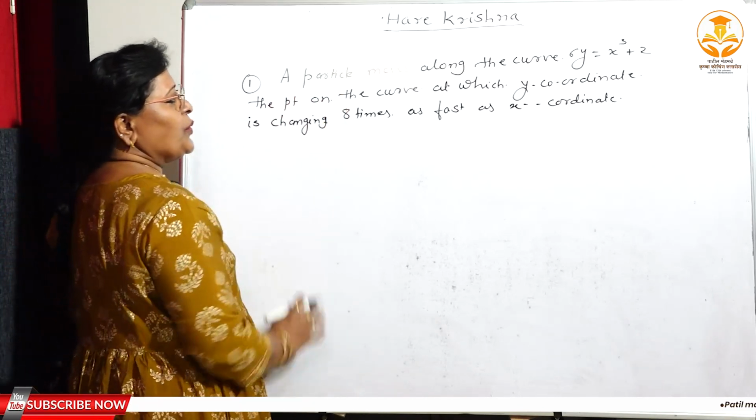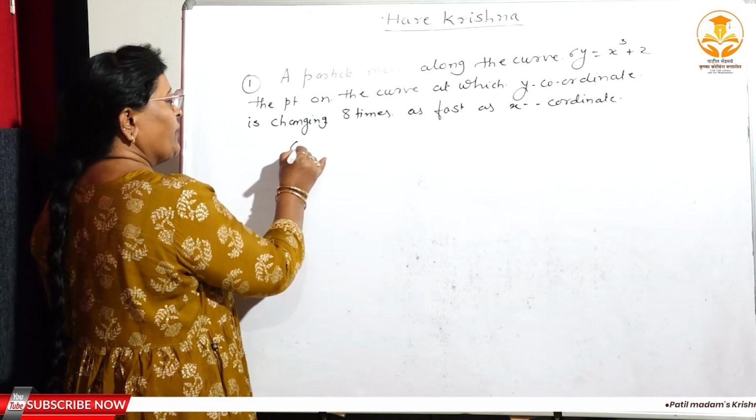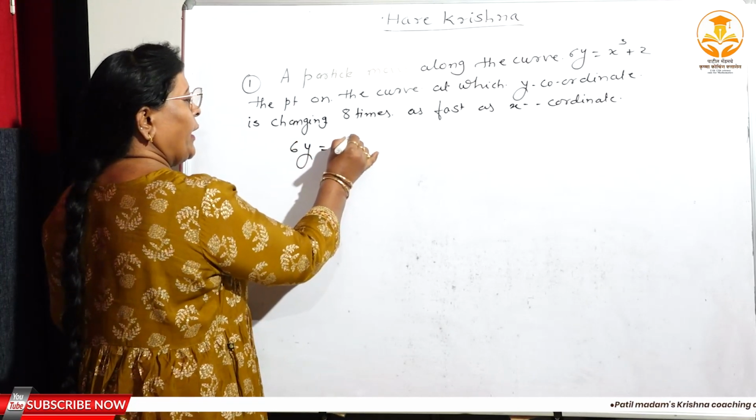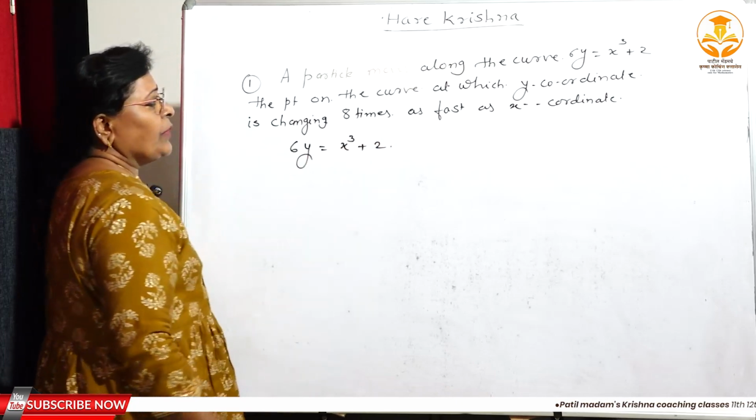You see, a particle moves along the curve, isn't it? They have given the curve 6y equals x cube plus 2.